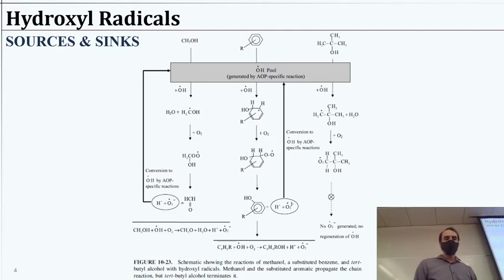Sometimes the superoxide radical anion requires an electron donor to form in the first place, so you might be consuming part of your substrate in doing that cycle.